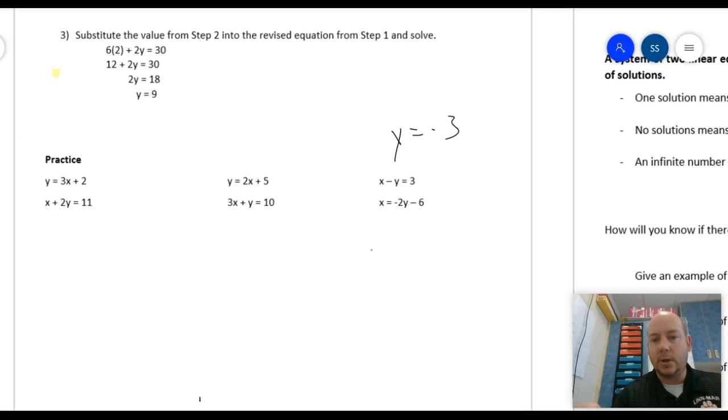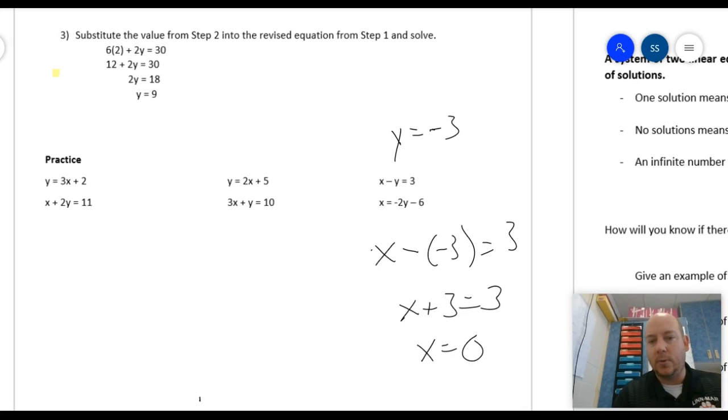Okay, so I'm just going to pick my first one, x minus my y value of negative 3. So x minus negative 3 equals 3. That changes to x plus 3 equals 3. If I subtract 3 from both sides, I get x is equal to 0.